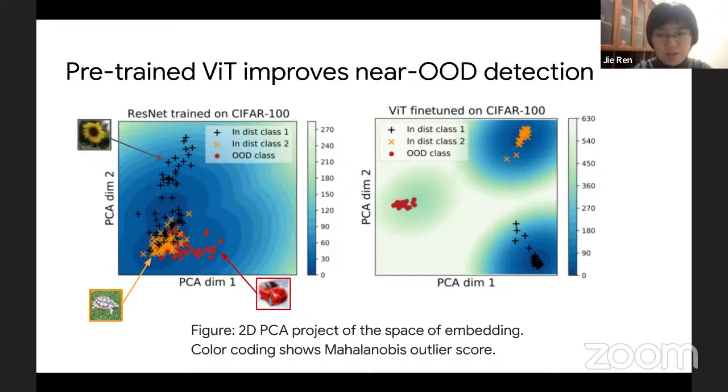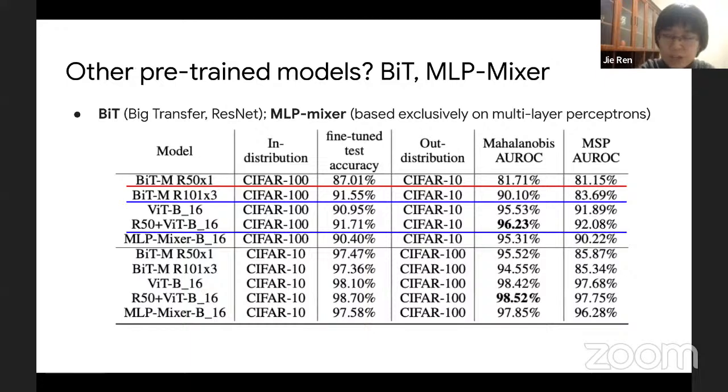At the time, we were also curious whether this good performance was due to the model architecture. For example, how about other pre-trained models like BiT, Big Transfer, which is a ResNet-based model, or another architecture called MLP-Mixer, which is a purely multi-layer perceptron-based model?